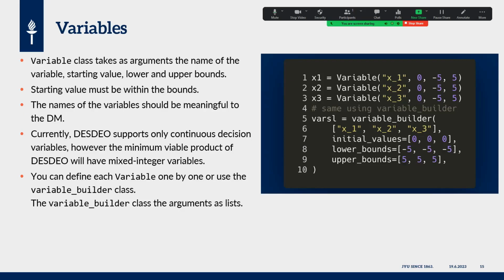And as mentioned, the current version supports only continuous decision variables, but in the minimum viable product you will have mixed integer variables. We also have this variable builder where you can give the arguments as lists, which may be more preferable. For example, if you have 20 decision variables, we don't need to do the same thing 20 times.